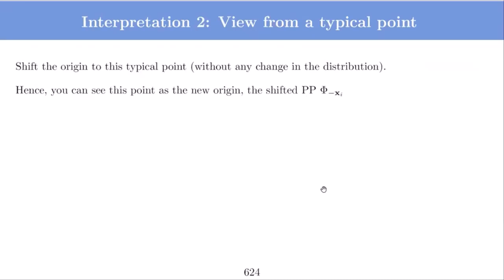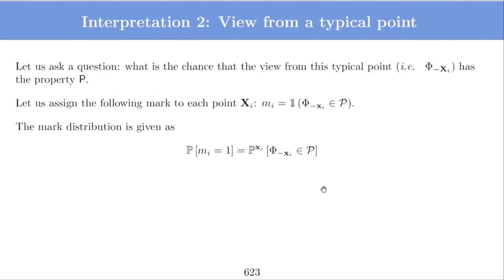Right, as a stationary process, you shift the origin to a typical point, and you can see that point as the new origin in the shifted version. And for a stationary process, you don't have to condition on an arbitrary point. You can just assume that the point is at the origin itself, because the absolute location of the points does not affect the distribution.